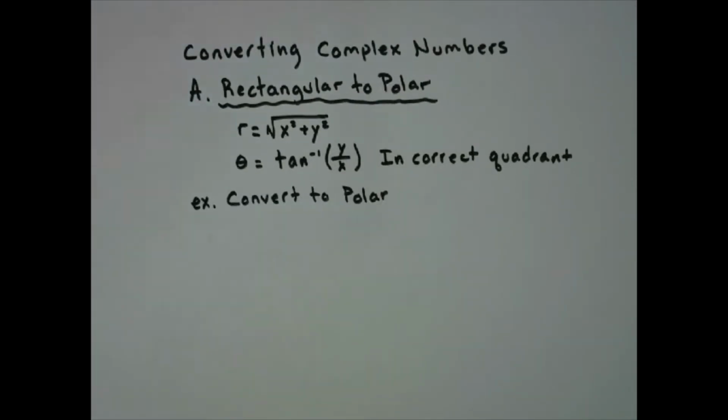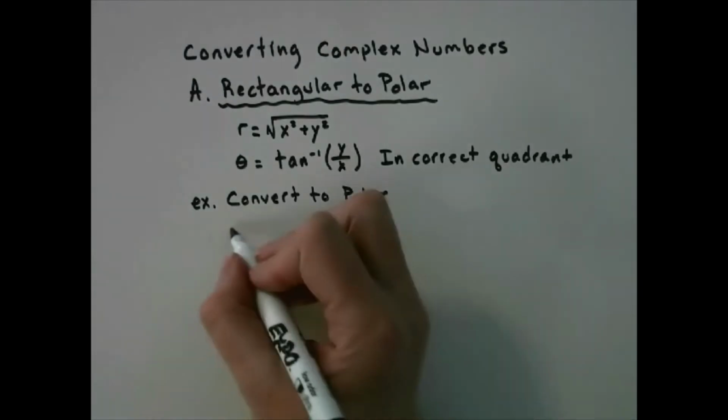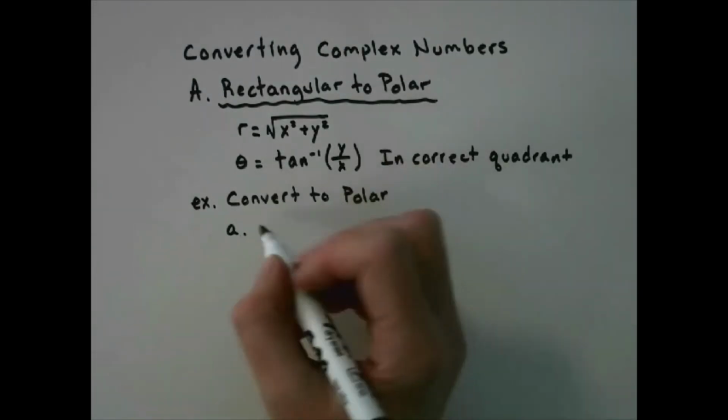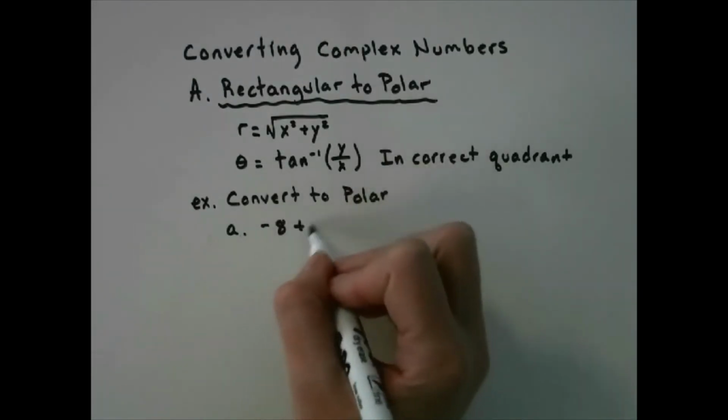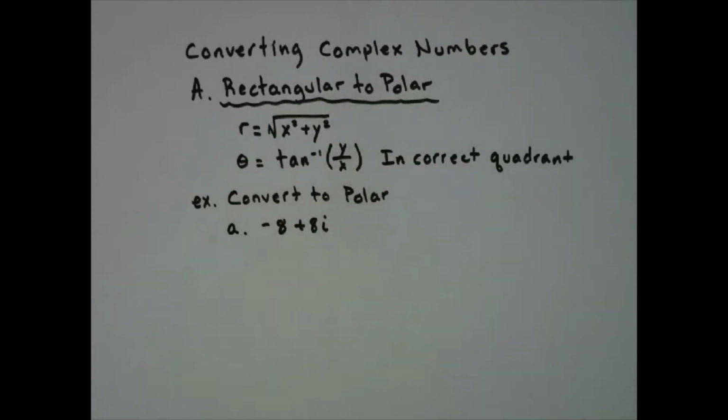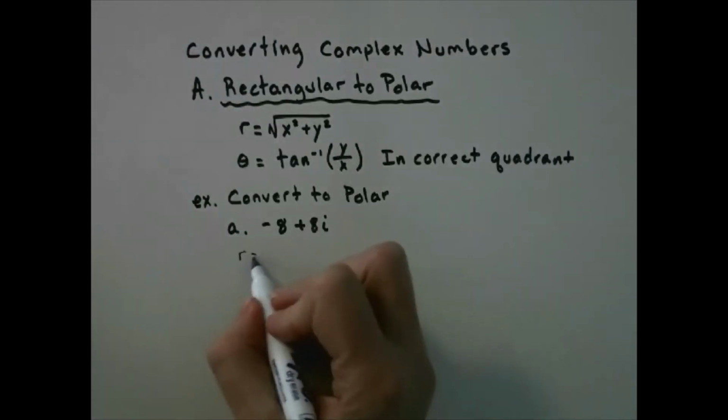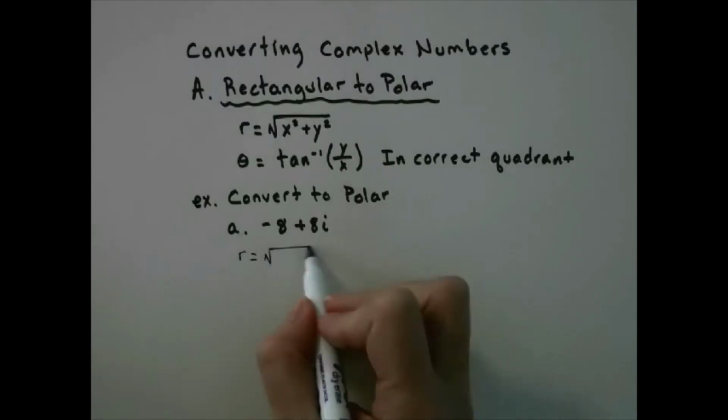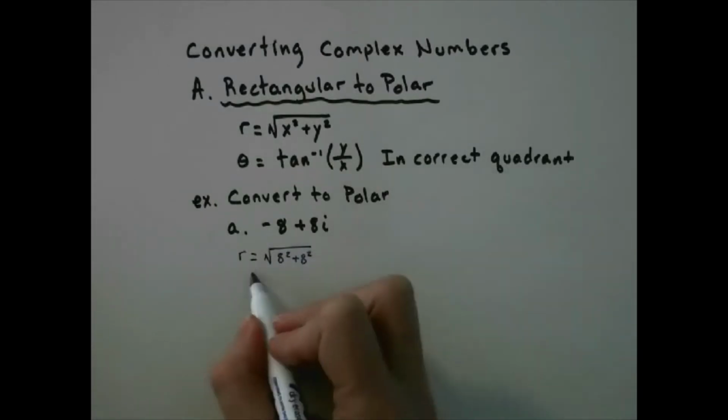So let's see some examples. I'm going to start by converting to polar. So I have the complex number 8 plus 8i, and I need to find the r, and I need to find the theta. r is going to equal the square root of 8 squared plus 8 squared.